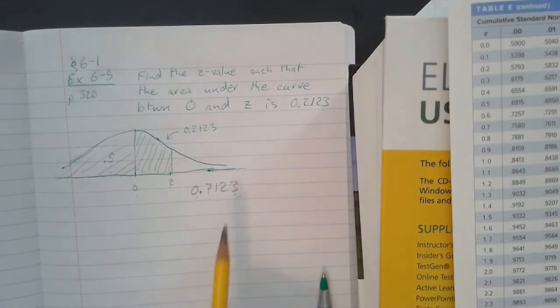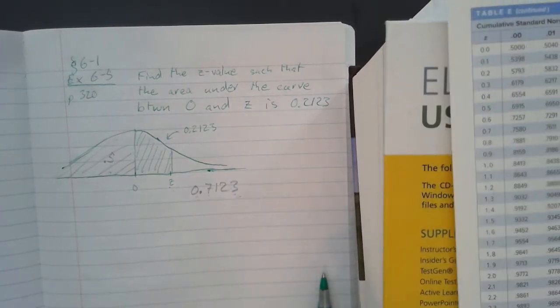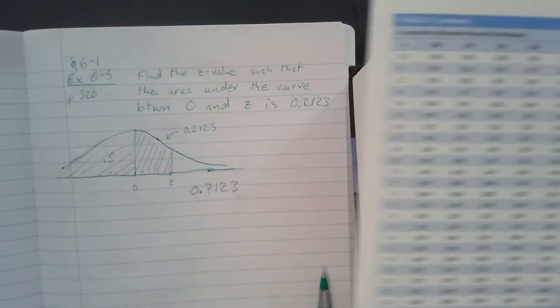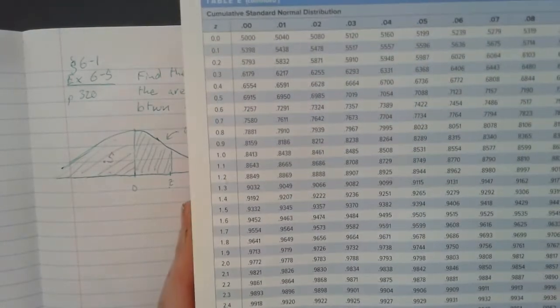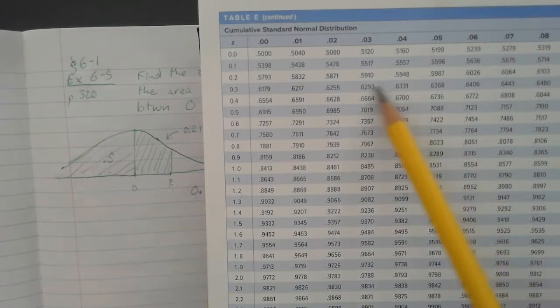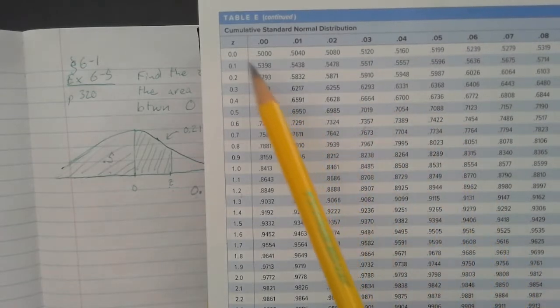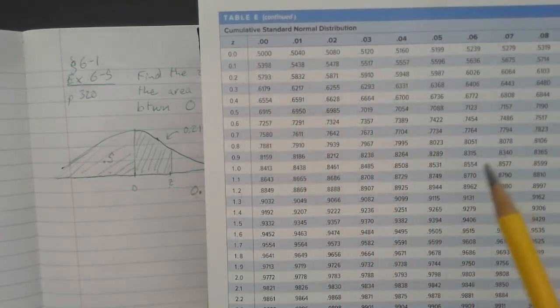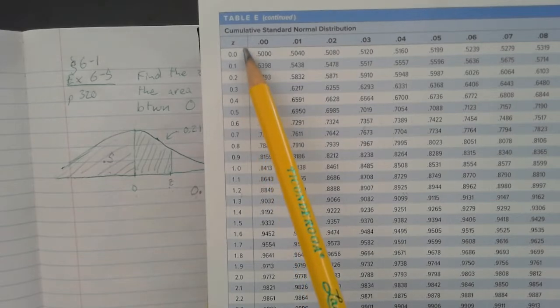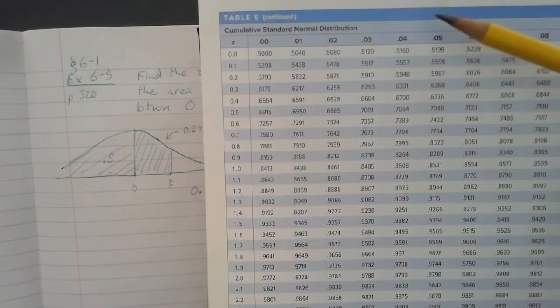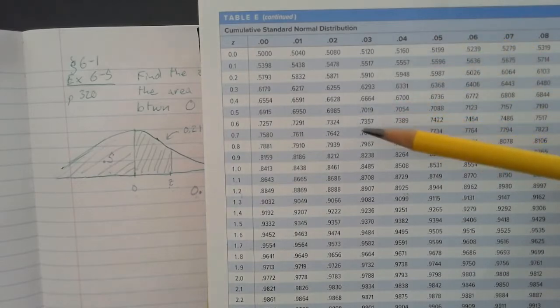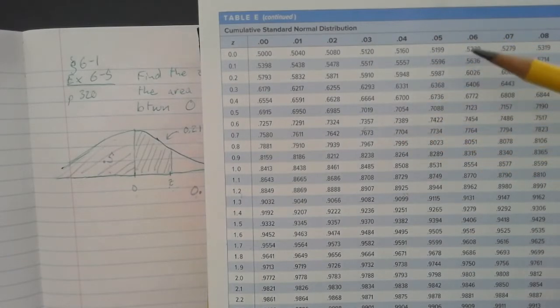So that is the value that we're going to be finding within our table over here. And we're seeing that it's larger than 0.5, so that makes us want to look on the positive z side of the page. Here I'm going to find as close as I can get to 0.7123.